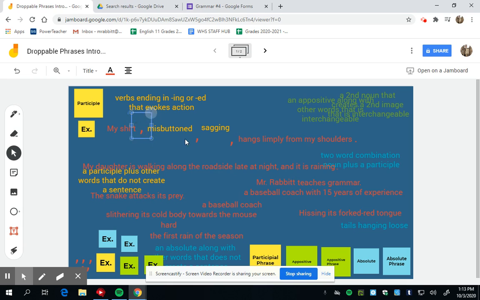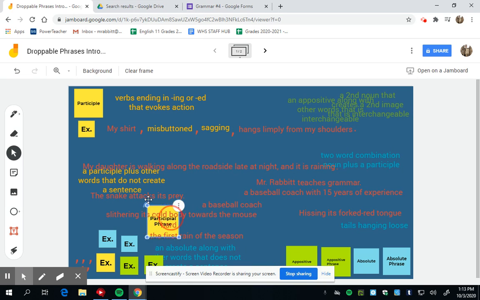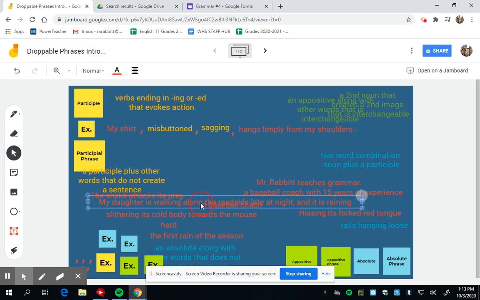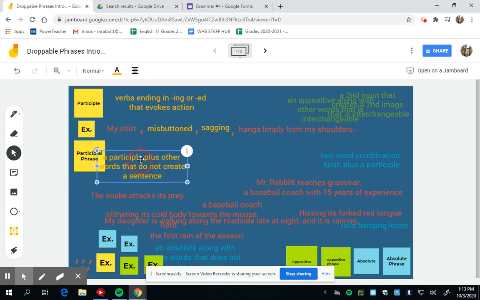Just anytime that we're adding these participles in, we have to make sure that we have the correct thing in there. So let's go down to the next thing, which is going to be our participial phrase, right? So participial phrase, definition-wise, is going to be very simply, let's just call it a participle plus other words that do not create a sentence, right?